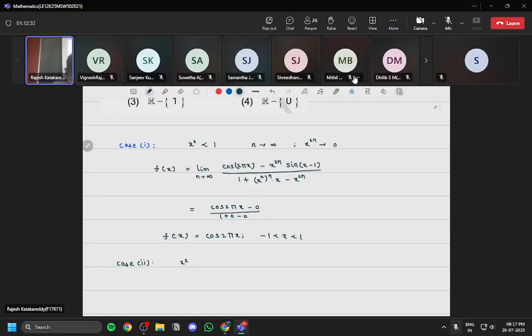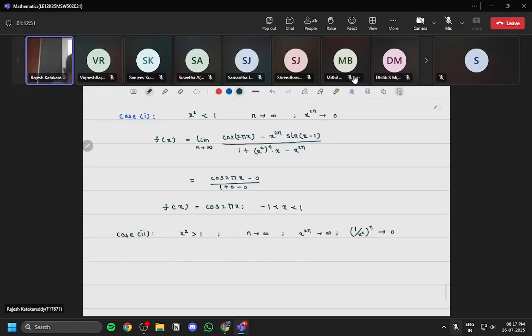Please don't make any noise. X square is greater than 1. As n approaches infinity, x power 2n will approach infinity, and the reciprocal of x power 2n will approach 0. So now f of x will be equal to the limit as n approaches infinity.